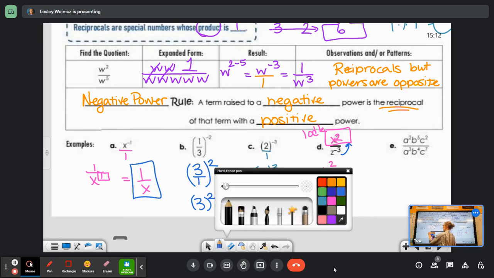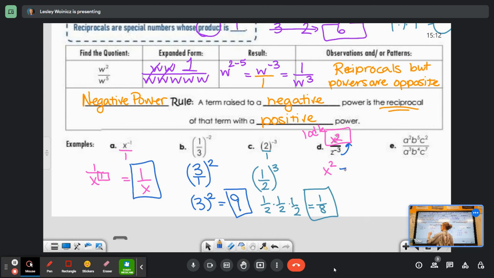My z to the 3rd power goes up and joins it. If there's nothing left down there, do I still have to write the 1? No. Good.